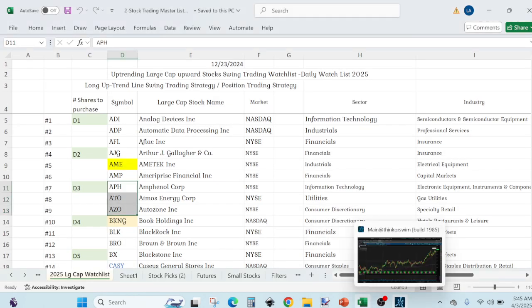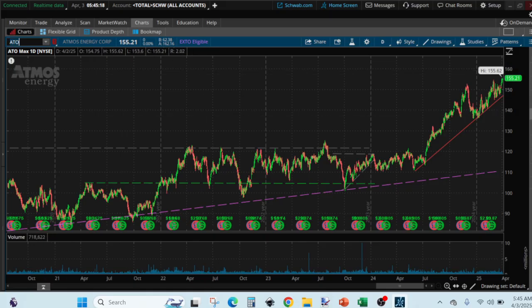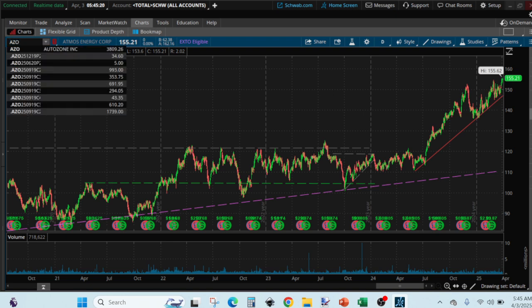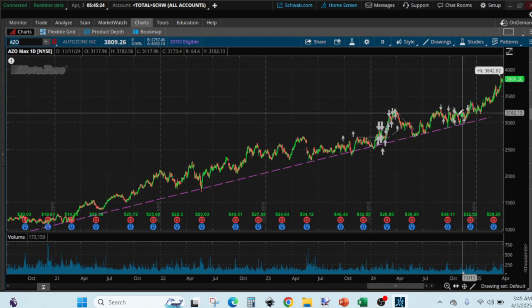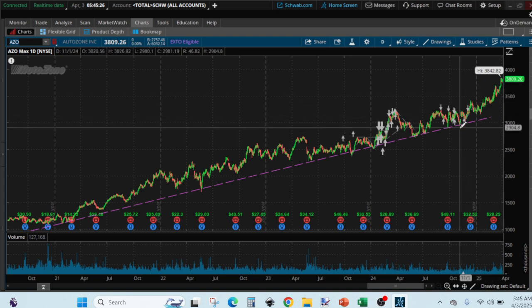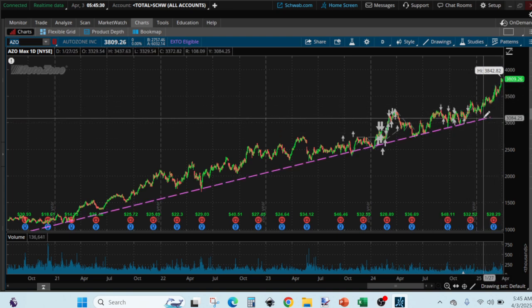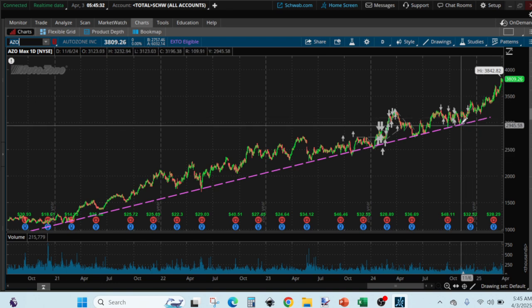So the next one is AZO. AZO is still going up. It has been on that uptrend line for quite a while.